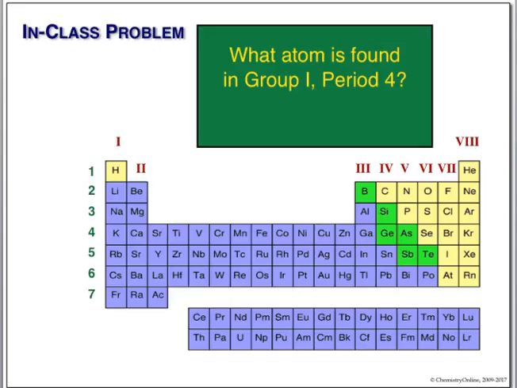Go down period 4, we're dealing with K. What is K? Potassium. Stands for kalium, but K is potassium. So our element, group 1, period 4, is potassium.